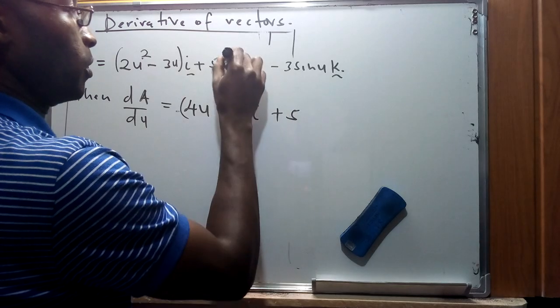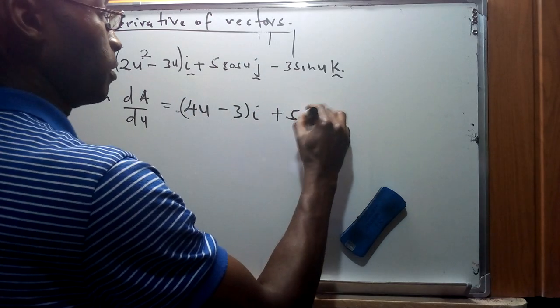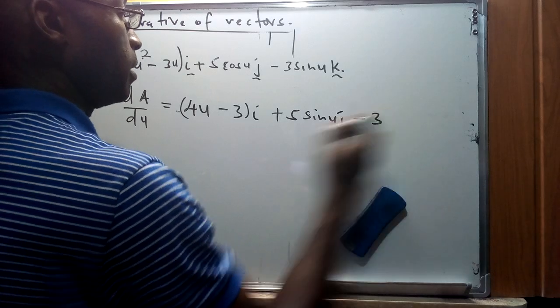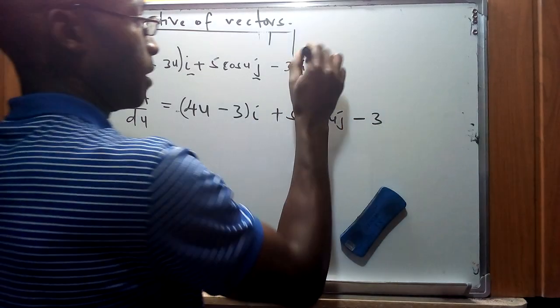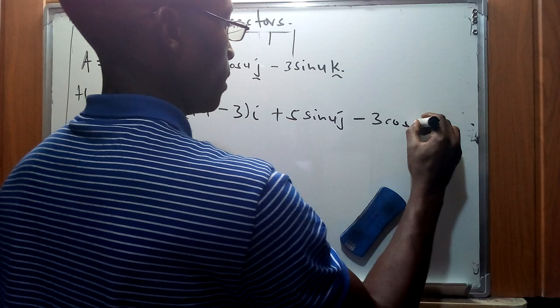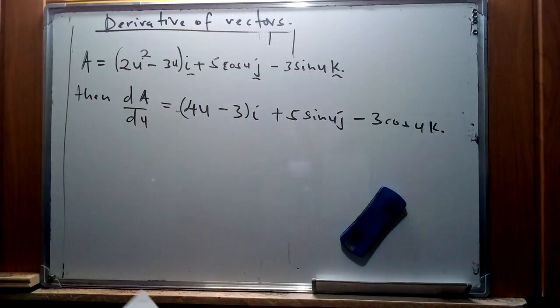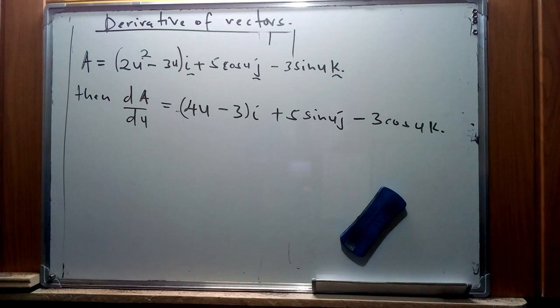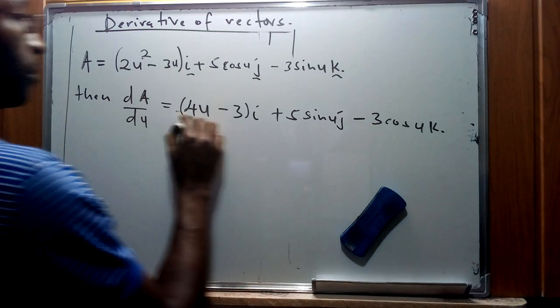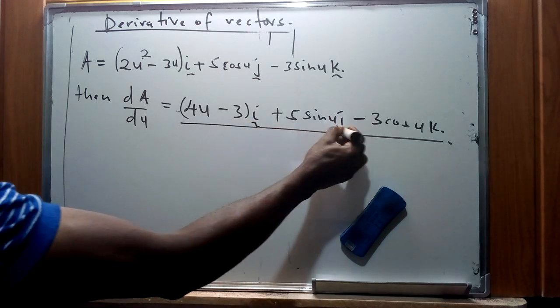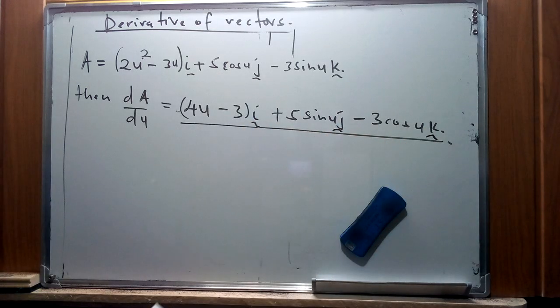The derivative of the trigonometric function cosine is going to give us the sine of u, for j, minus the derivative of the sine function, which is going to give us the cosine of u, for k. So that basically is going to give us the derivative of that specific function for the i, j, and k respectively.